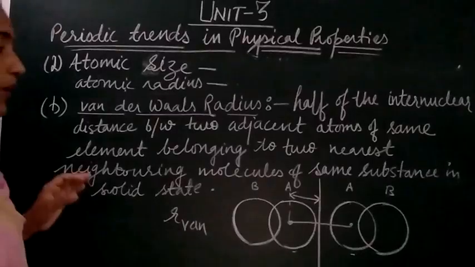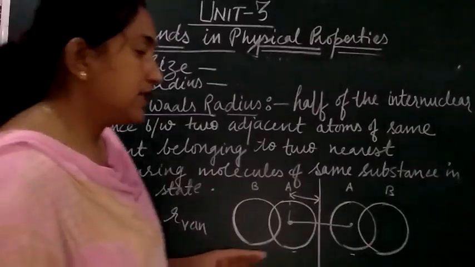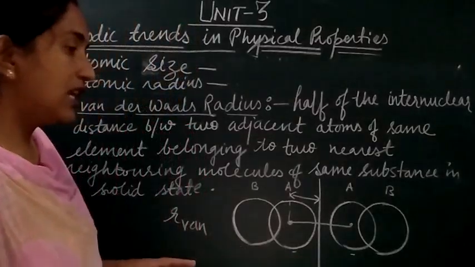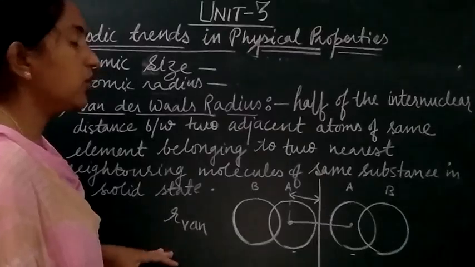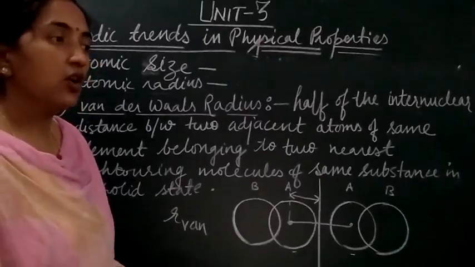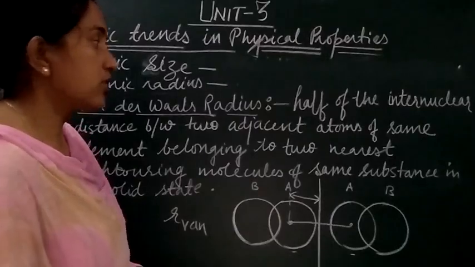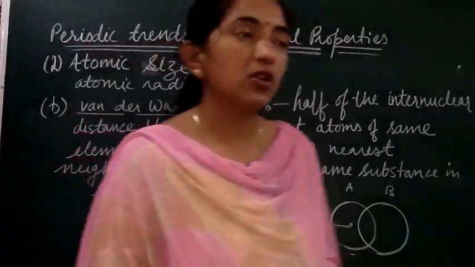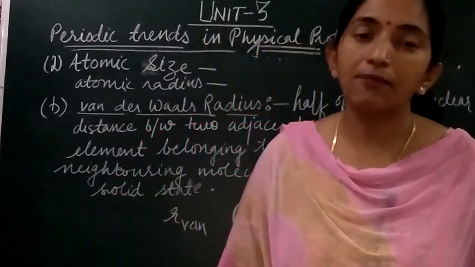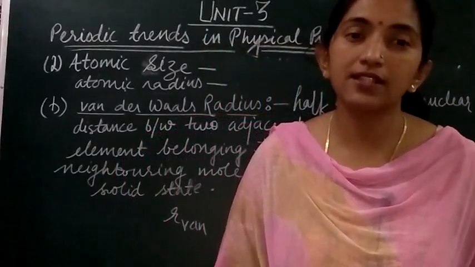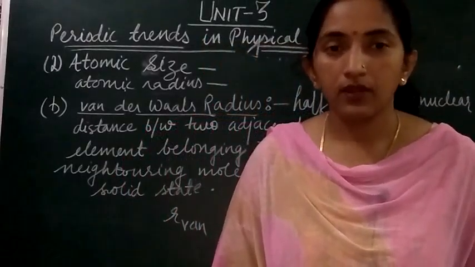Right, now the van der Waal radius has the larger distance, so it is greater than the covalent radius. So we can say that the covalent radius is shorter than the van der Waal radius, because in the covalent radius we have overlapping of the atomic orbitals, which brings the two atoms closer, right?